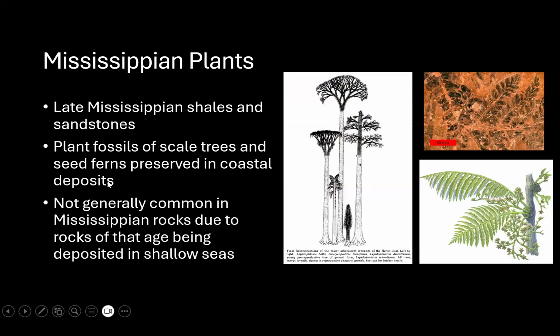So let's talk about these. Primarily here, you're going to see plant fossils of what we call scale trees and seed ferns. We're going to get into that a little more when we talk about our Pennsylvanian plants. A lot of these are preserved in coastal deposits that we still have.